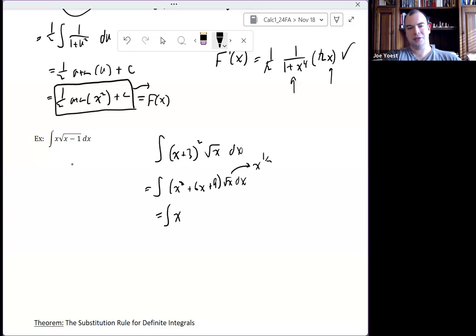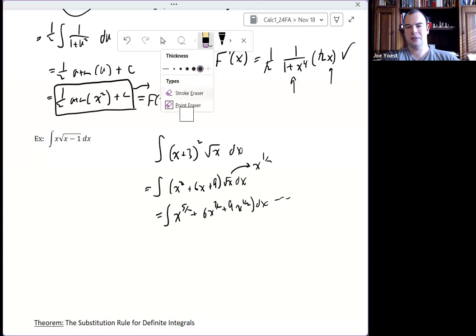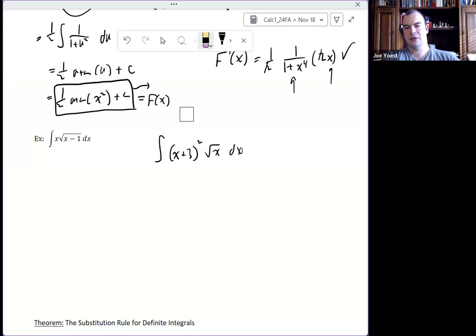I just get x to the 5/2 plus 6x to the 3/2 plus 9x to the 1/2 dx. And again, algebraically tedious, but I can see the strategy. I can see the path forward. No problem there. So I actually see that if instead of square root of x minus 1, I just had square root of x, say multiplied by x, that actually would work pretty nicely. That would be a pretty conceptually easy problem.